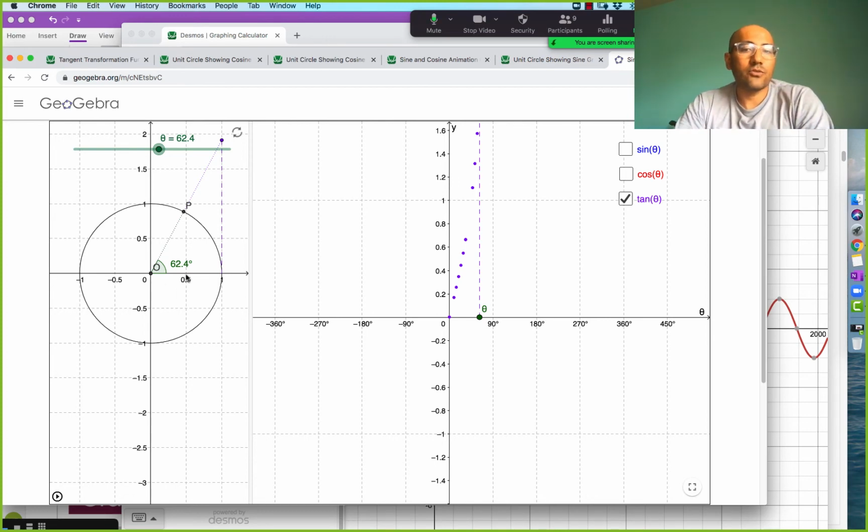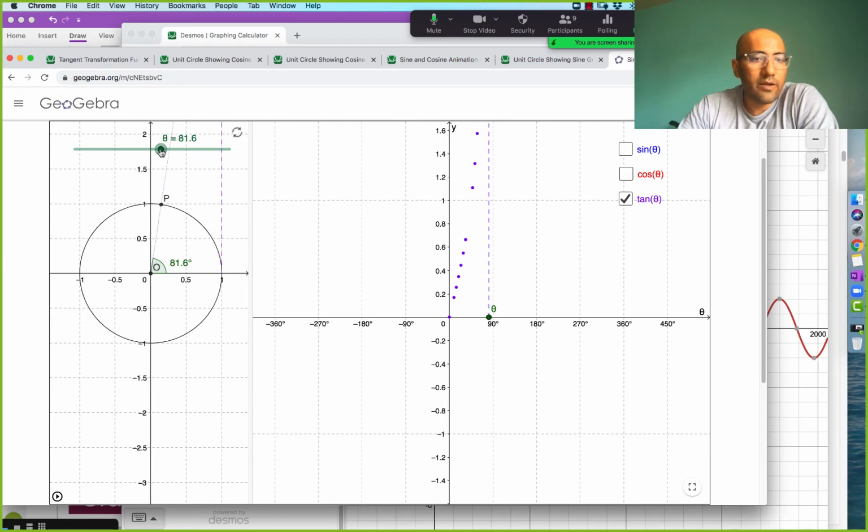So the pattern you should remember from fractions is that we have a denominator that's getting closer and closer to 0, and a numerator that's getting closer and closer to 1. The numerator is getting bigger, but it's not getting infinitely large. The y travels from 0 all the way up to 1, the height.